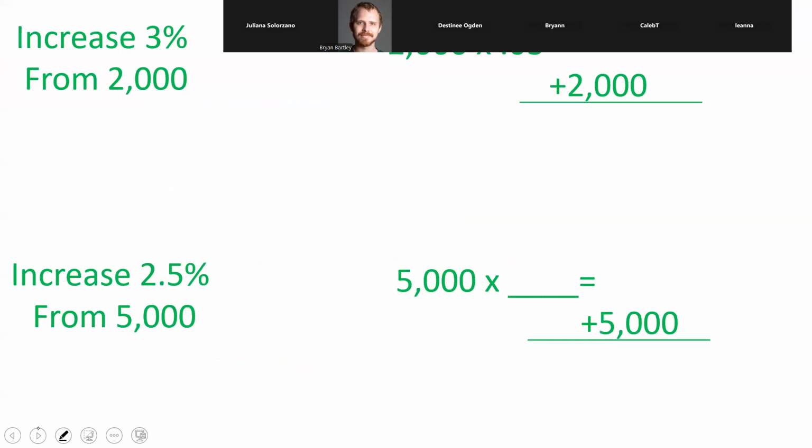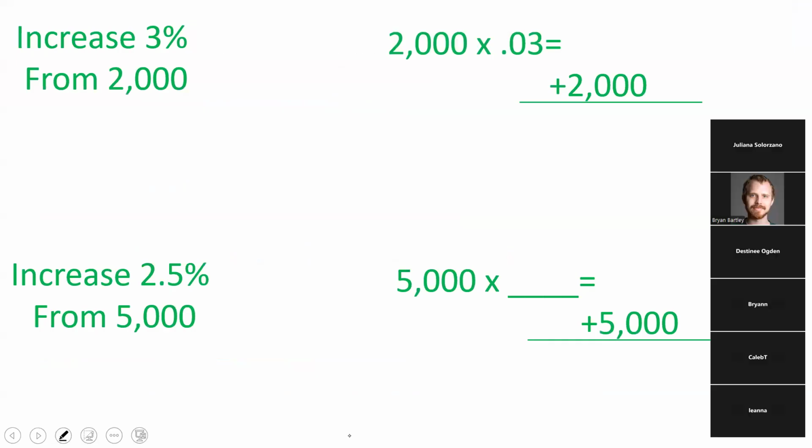Okay. So if we are adding by a percentage, we're increasing by 3%. What is 2,000 times 0.03? 60.